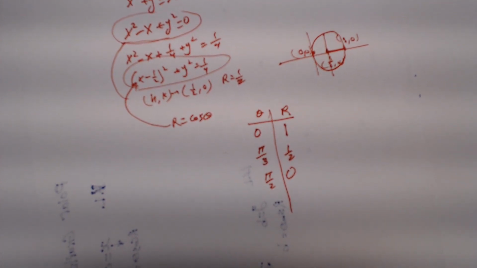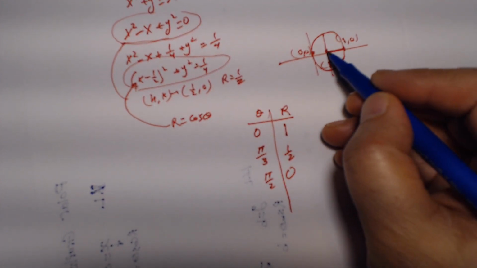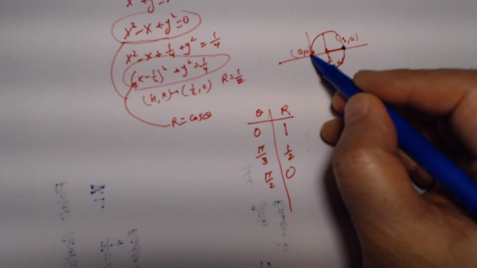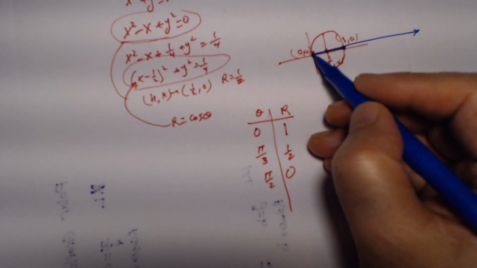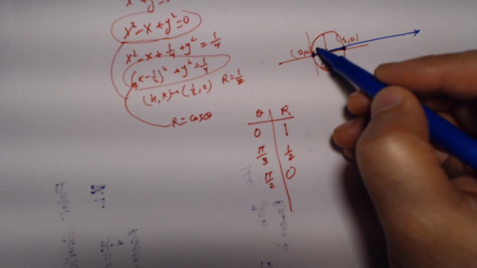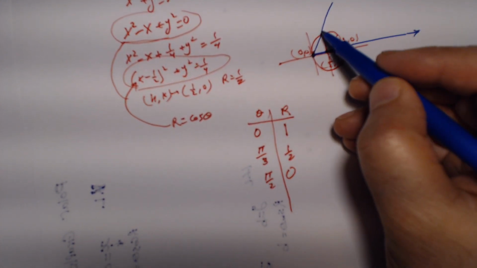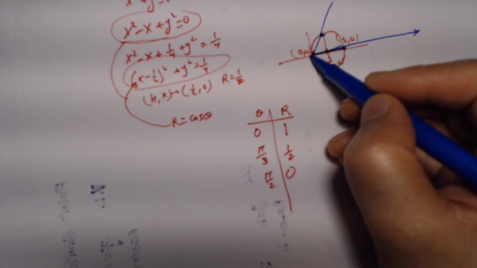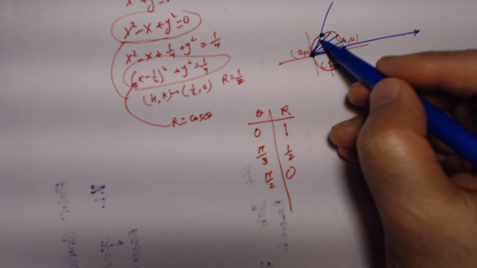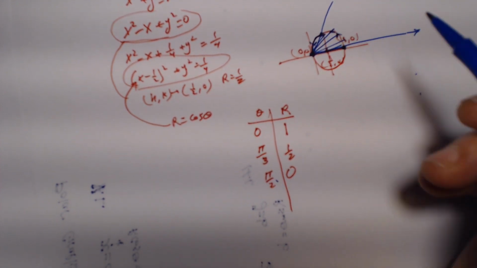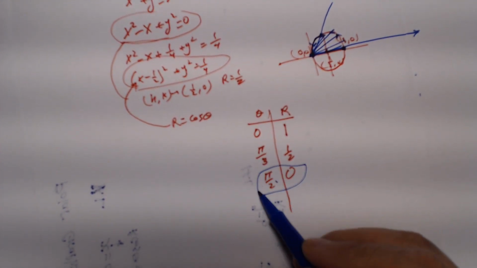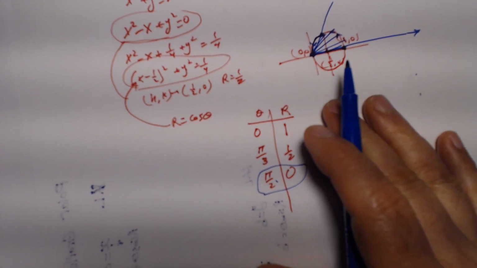And if you look at that graph, at theta 0, your r is 1 because that's your polar axis. And that's your pole. At pi over 3, your r is 1/2. See, the r reduces. And at pi over 2, your r is 0. Therefore, you only needed 90 degrees for half of the circle.